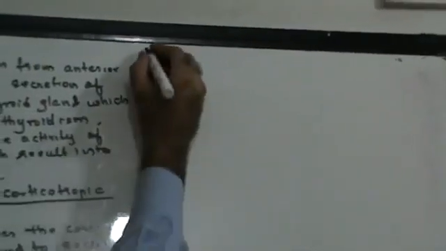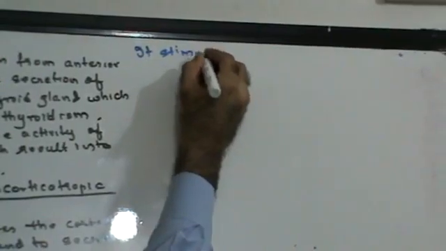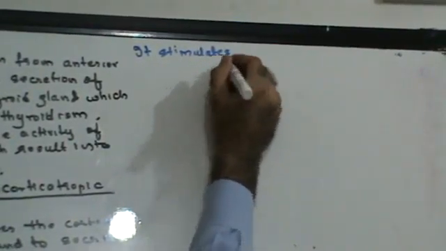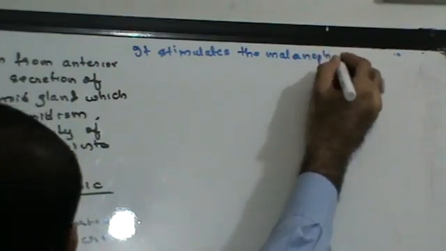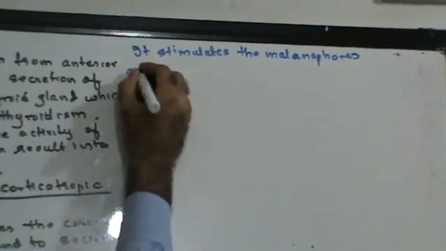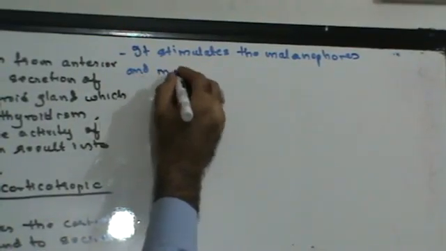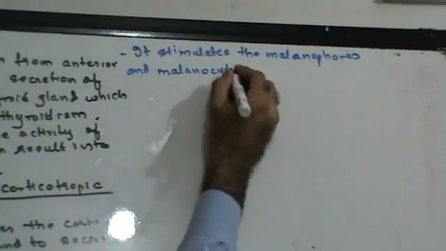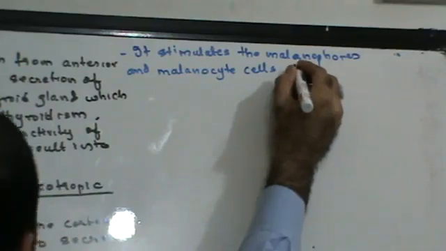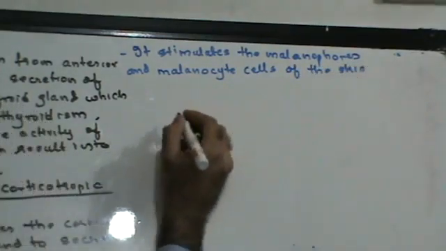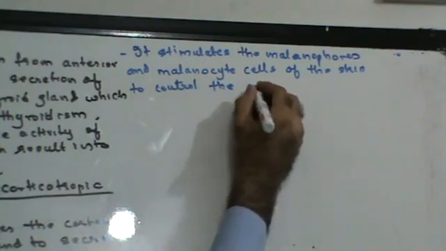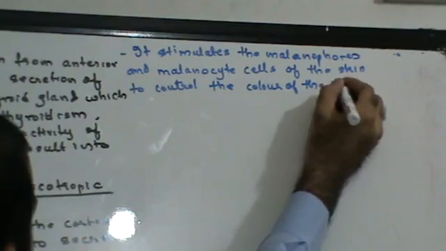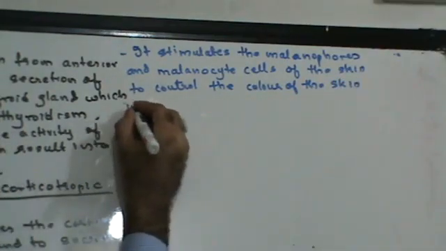Right? Now, what does it do? It stimulates the melanophores and melanocyte cells of the skin to control the color of the skin in lower animals.